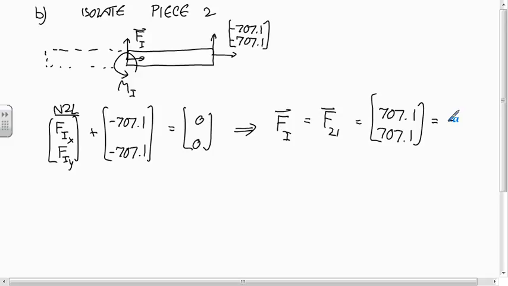And that's equal to negative F12. That had to be true from Newton's third law.